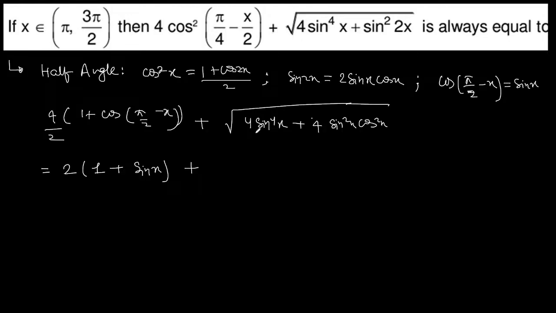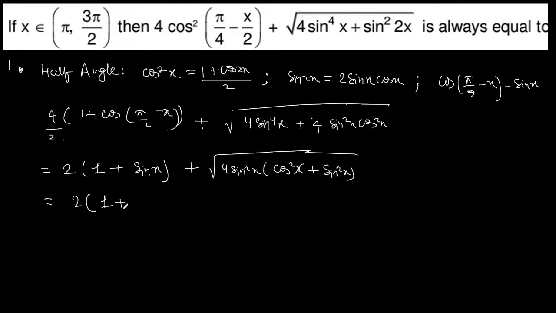If we take 4 sin square x common, it is cos square x plus sin square x. Further 2 times 1 plus sin x, plus this is 1, and this will come out to 2 sin x.